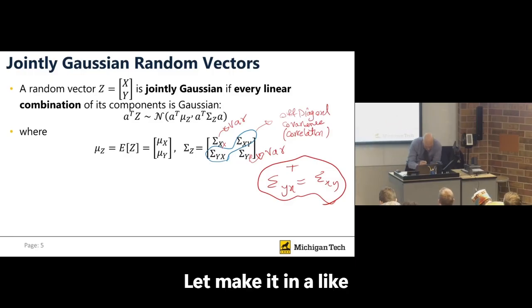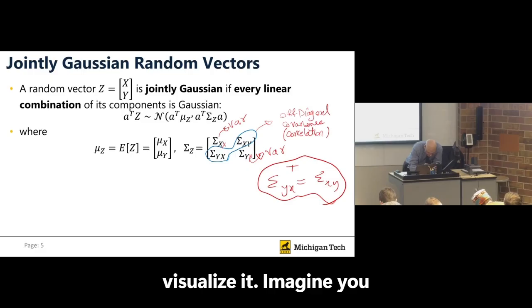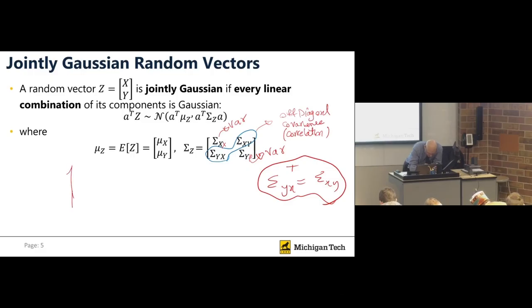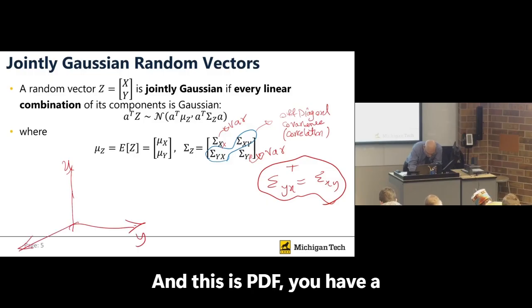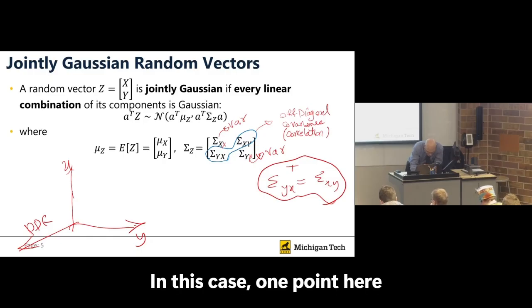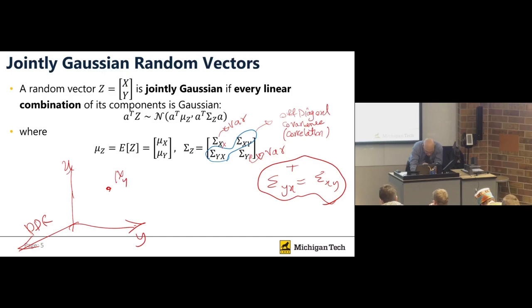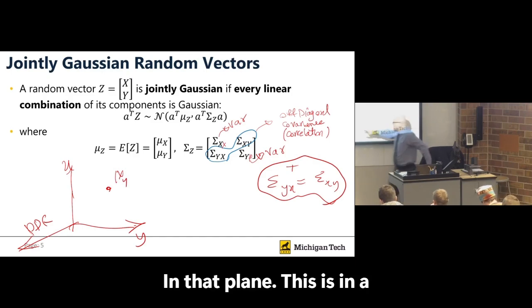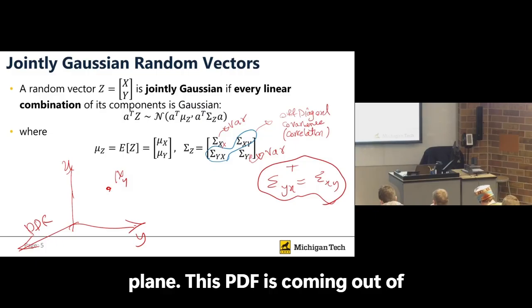Let's visualize it. Imagine you have x and y, and this is the PDF. You have a 3D plot. One point here in x and y is in a plane, and this PDF is coming out of the plane, okay?